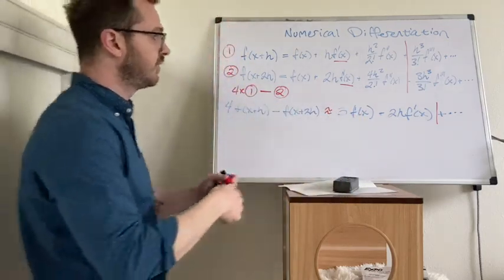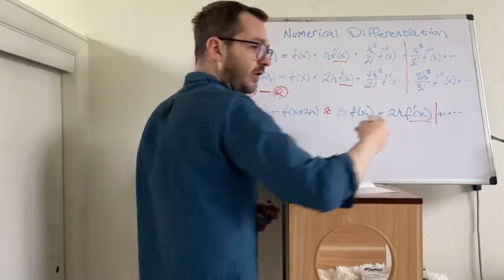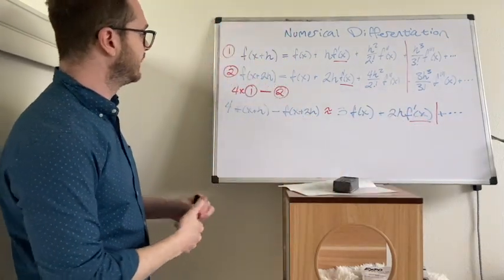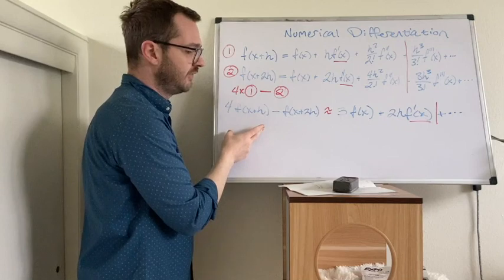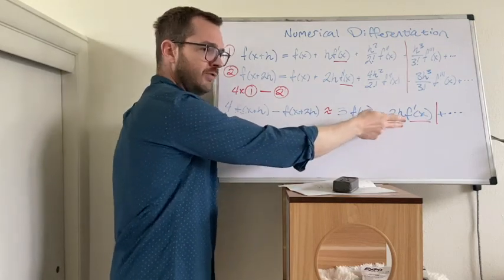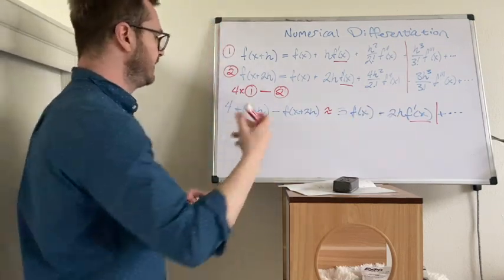Now, what's the goal? The goal is to solve for f prime. So we can just move the 3 f of x to the other side and then divide by the 2h. When you do that, here's what you get.